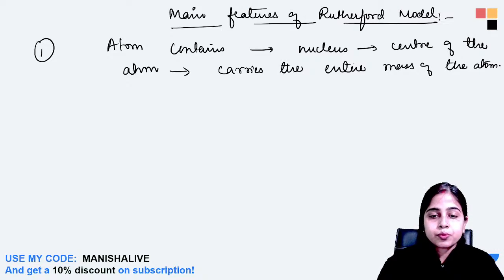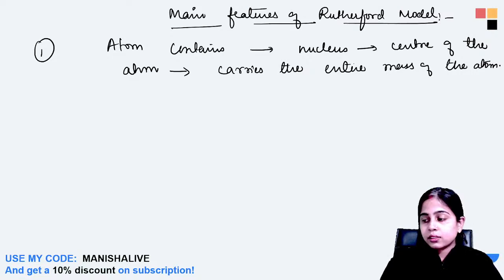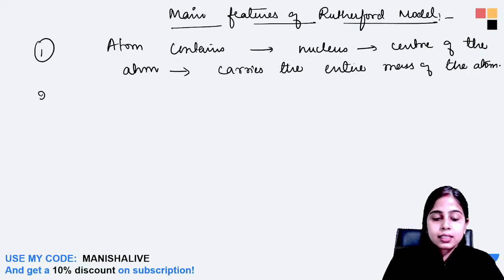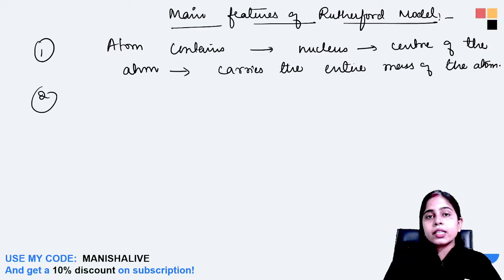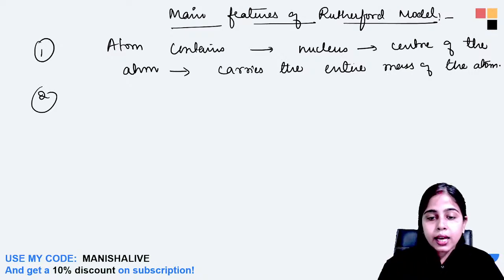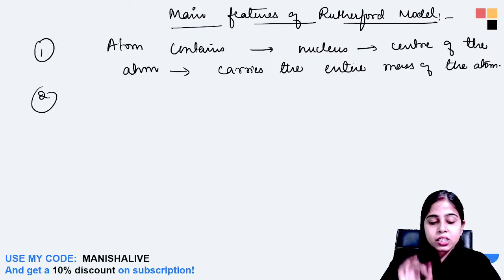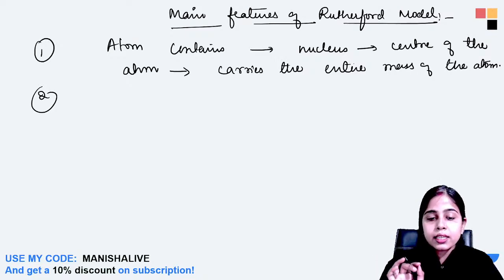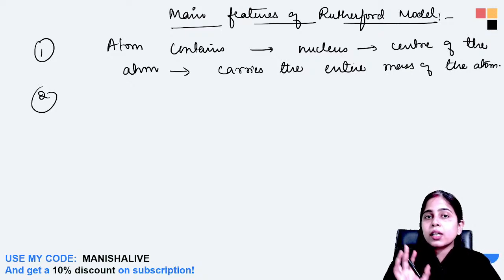Clear? Okay. Next is that the electrons are distributed in the empty space of the atom around the nucleus, which are rotating, or you can say revolving around the nucleus in closed circular paths.